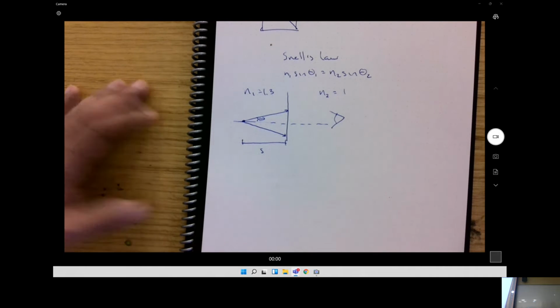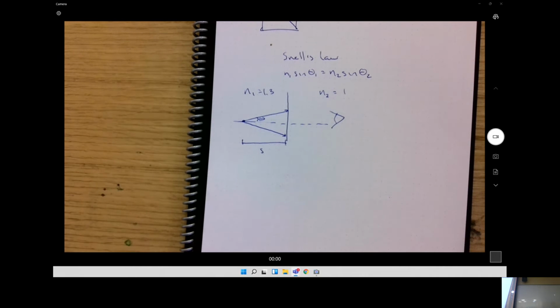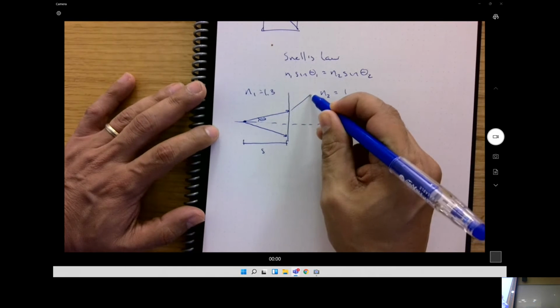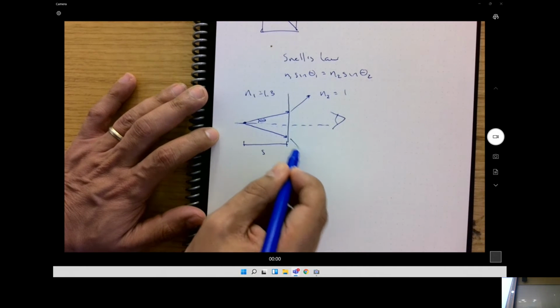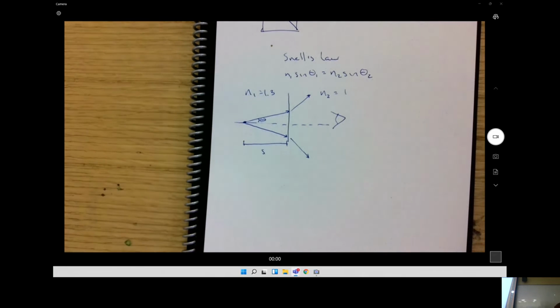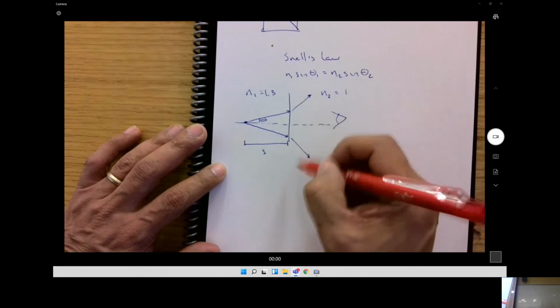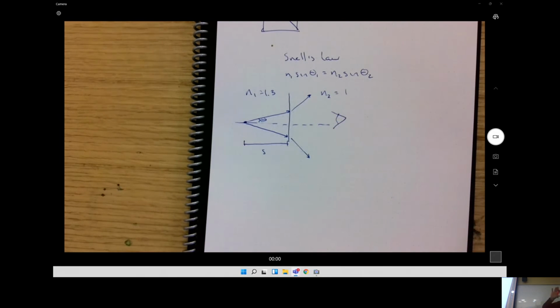When they go through this interface, they're going to refract, they're going to bend. I'm going to exaggerate the angle here, and they're going to come something like this. These rays that are in the air are the ones that my eyes are perceiving. The eyes try to figure out where the origin of those rays is.